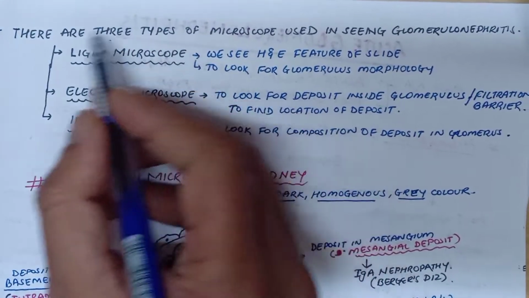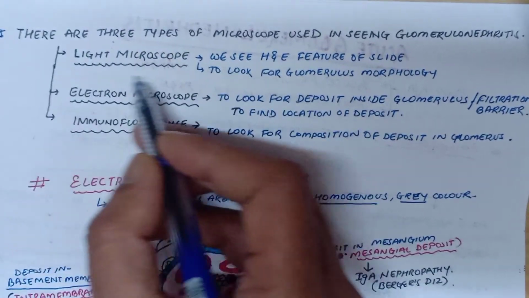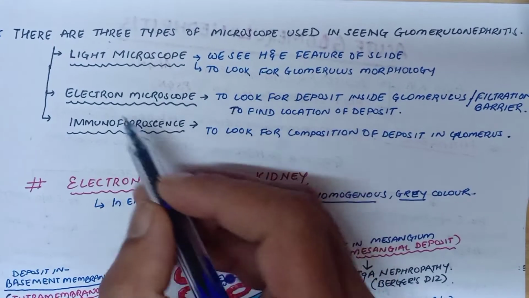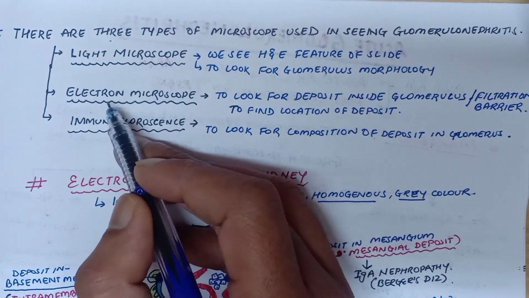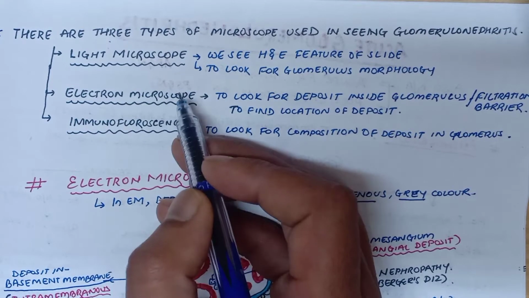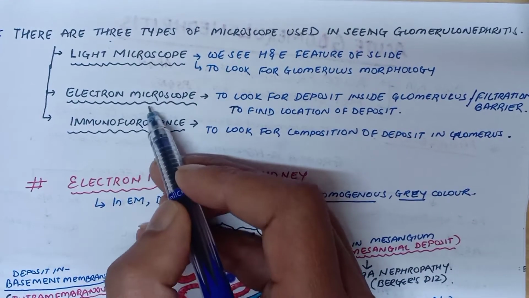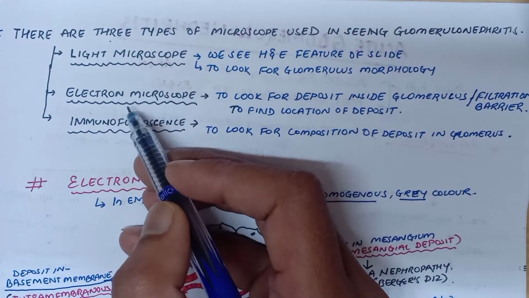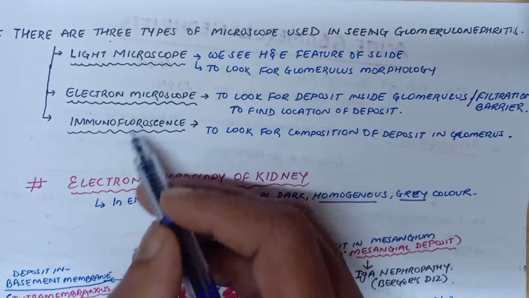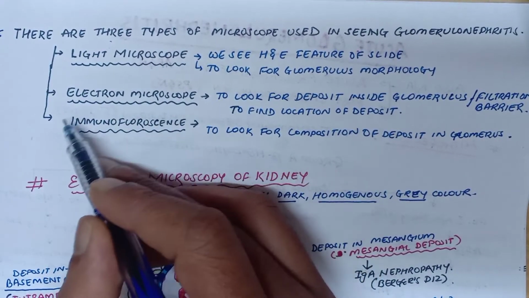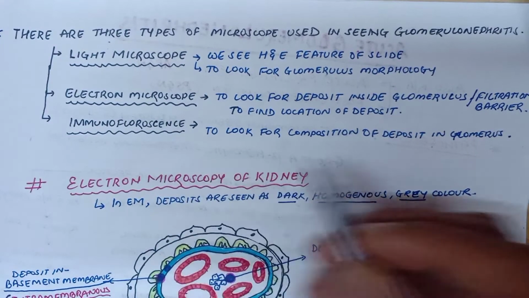The light microscope is used to look at the glomerulus morphology, whereas the electron microscope is used to find the location of deposit inside the glomerulus or the filtration barrier, whereas immunofluorescence is used to look for the composition of the deposit in the glomerulus.